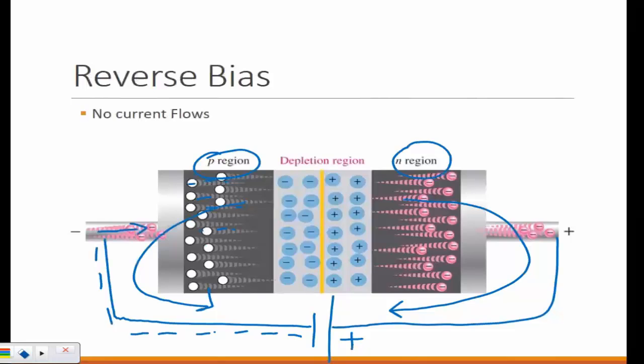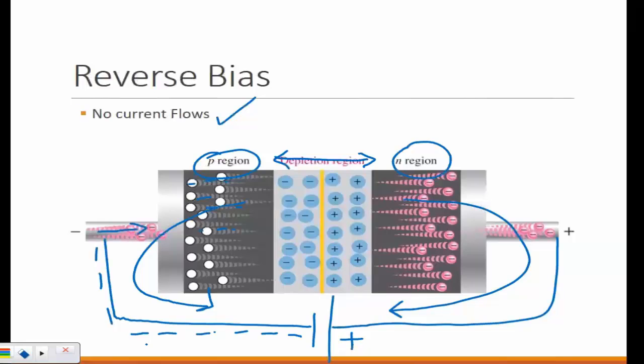So what happened to the depletion region now? It is getting bigger and bigger because both are going in the opposite direction, not across. That's why there won't be any current flow through the junction, as you are opposing.